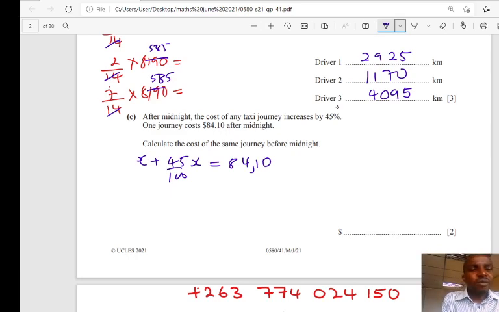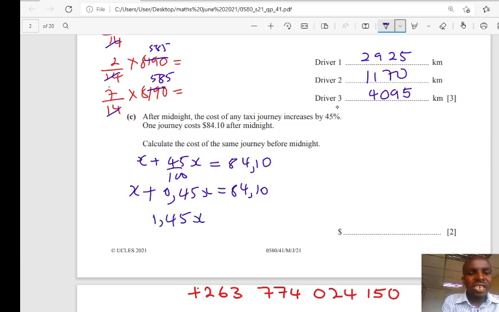Then you can convert 45 over 100 to a decimal, 0.45x, since you'll be working with your calculators. Then x plus 0.45x is 1.45x, which is equal to 84.10.